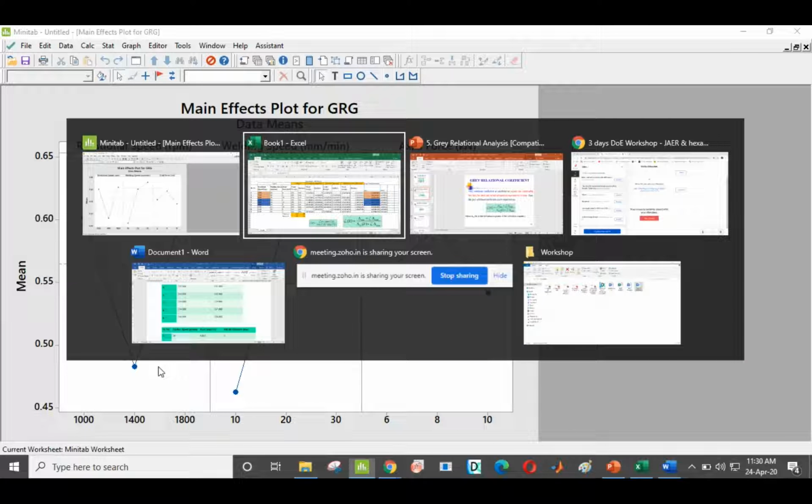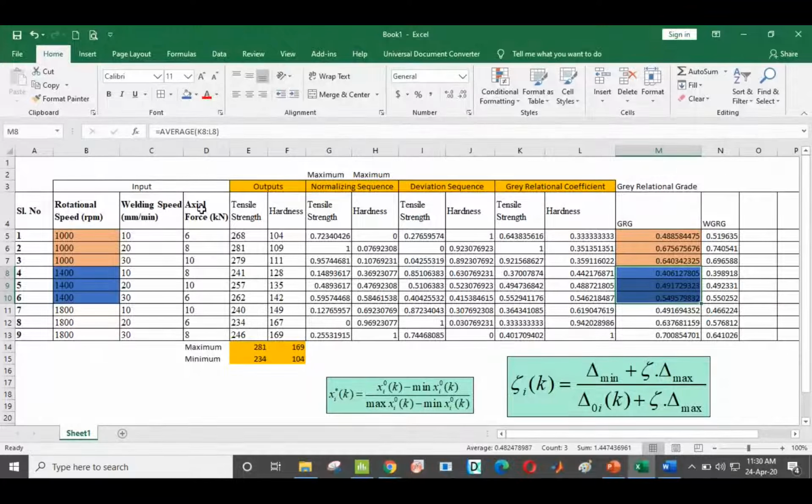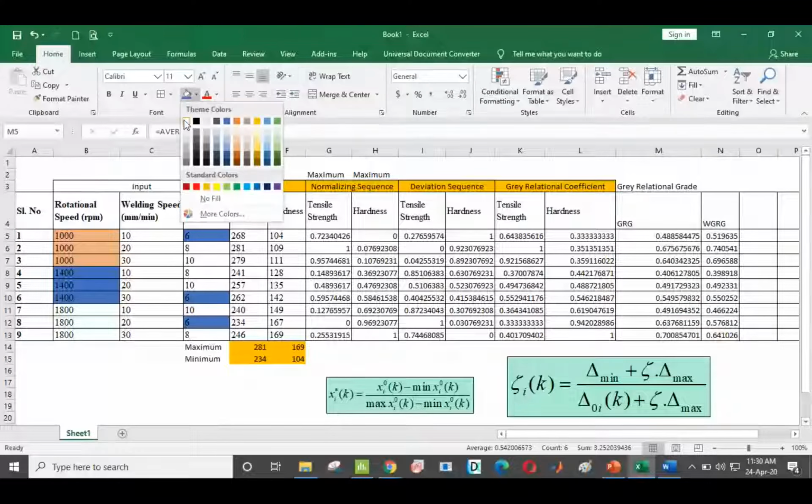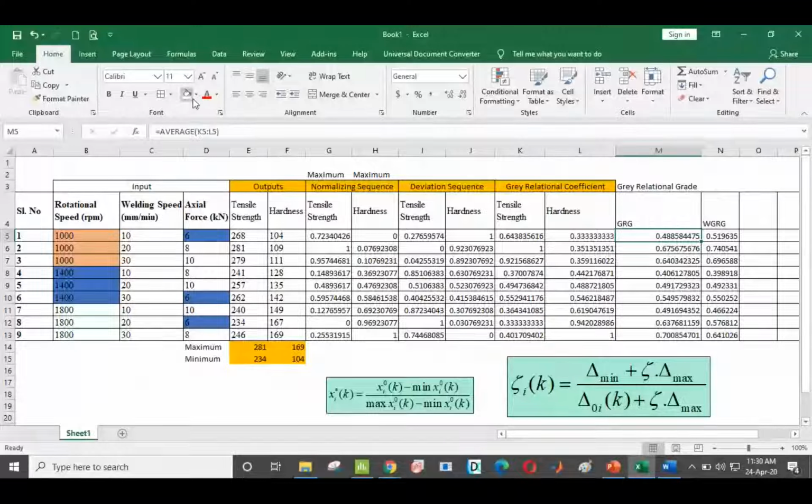Similarly, for welding speed or axial force, I will take. For axial force, for the first level of 6, I will consider this 6, 6, and 6. That is the first trial, then the 6th trial, and then the 8th trial.